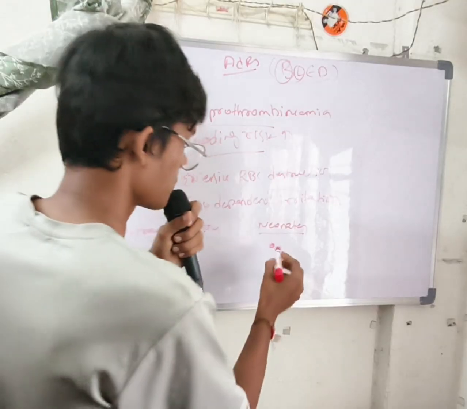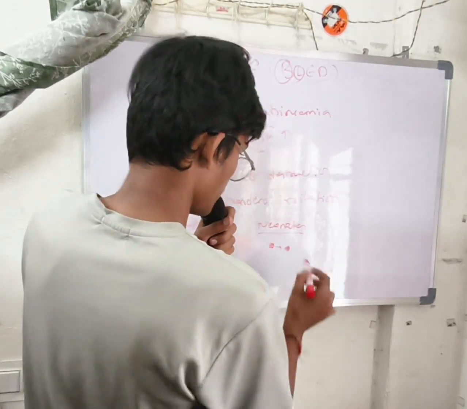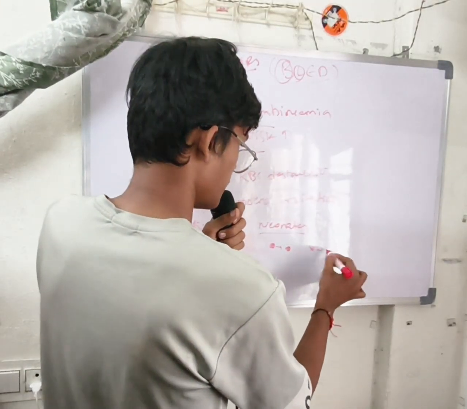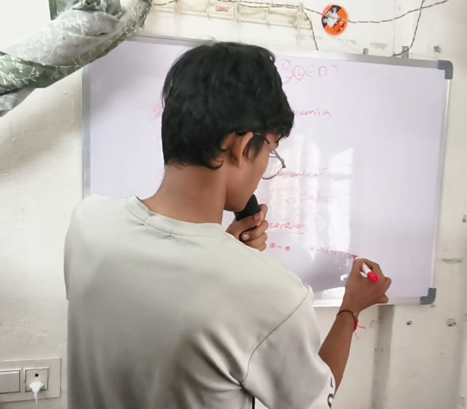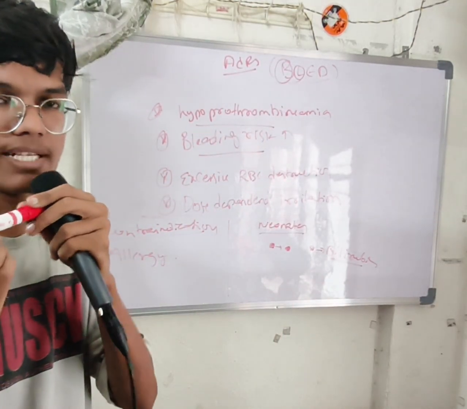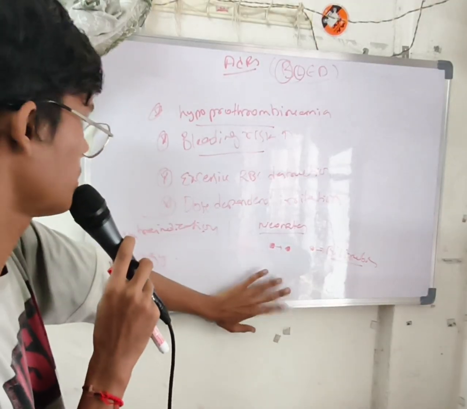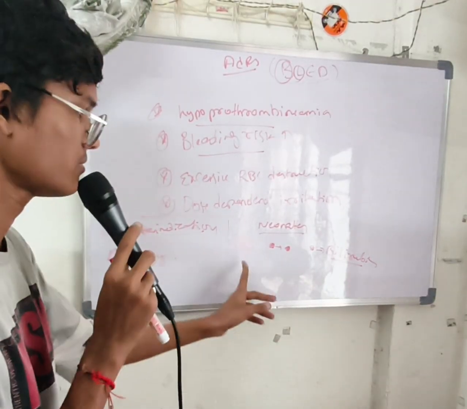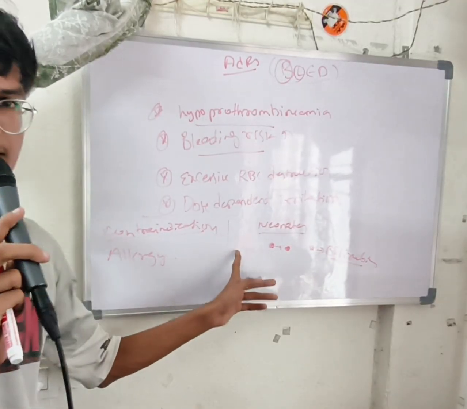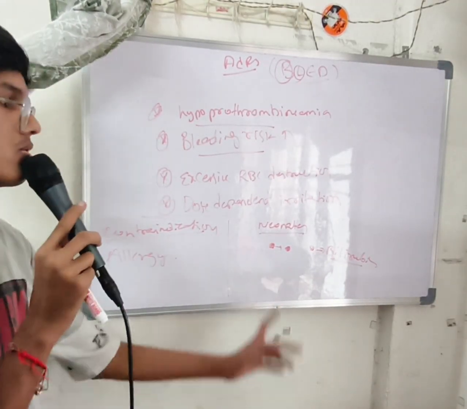Why? Because ceftriaxone binds with the protein binding site and displaces the bilirubin. This bilirubin will accumulate in the CNS and cause kernicterus in neonates. So ceftriaxone is contraindicated in neonates.